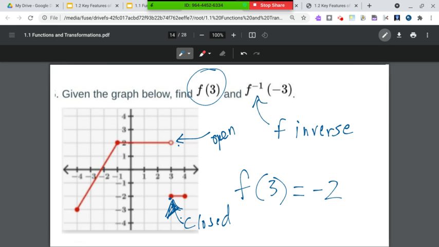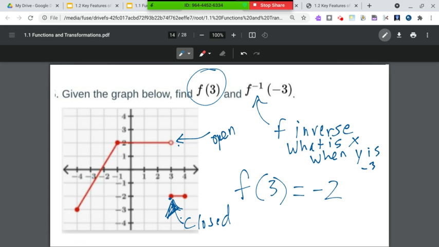Okay, now f inverse of negative 3. So what is the x value when the y value is negative 3?